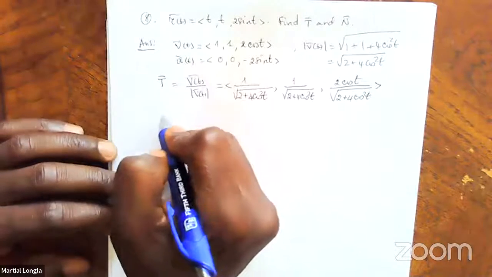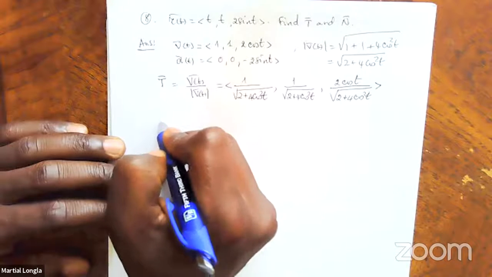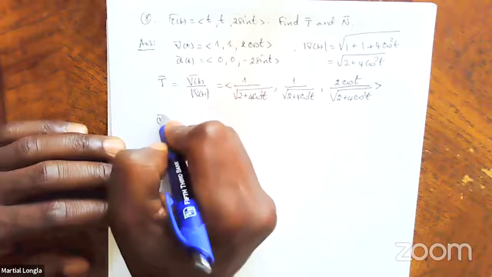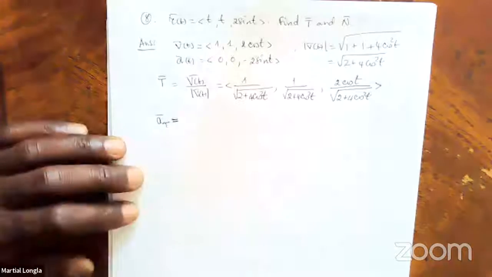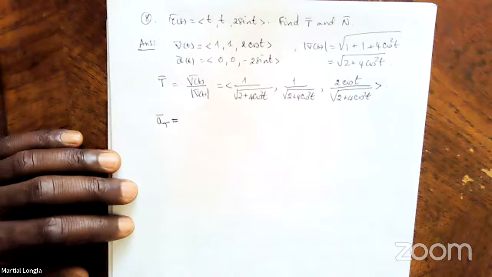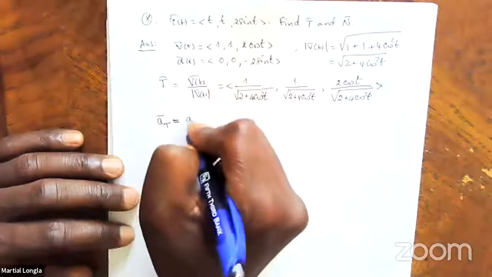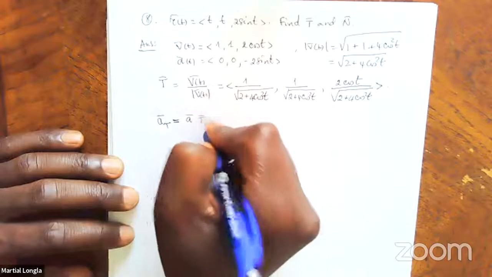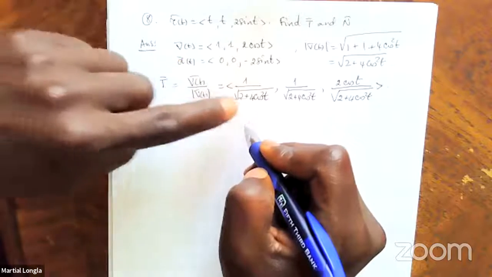So in such a problem, what do we know? What's the normal component of the acceleration? What is AT equal to? That's a formula for AT: A dot t. And that is equal, this is A, and that is t.